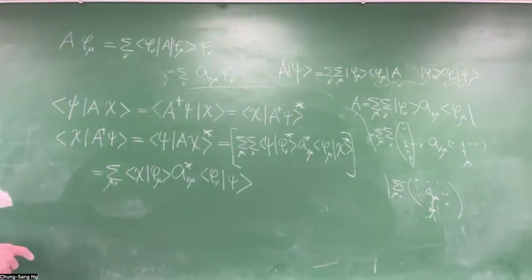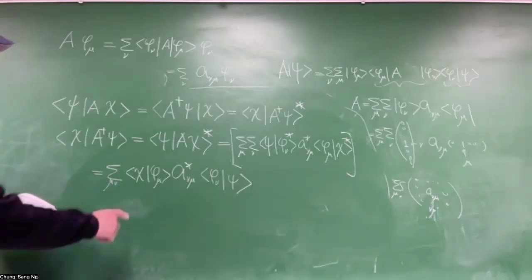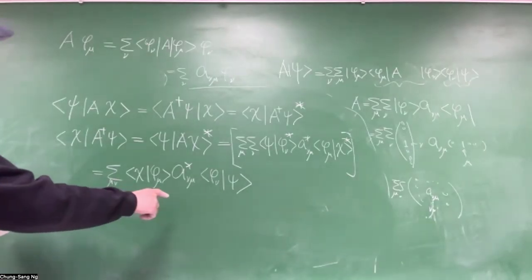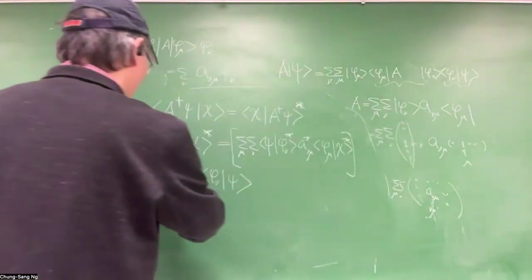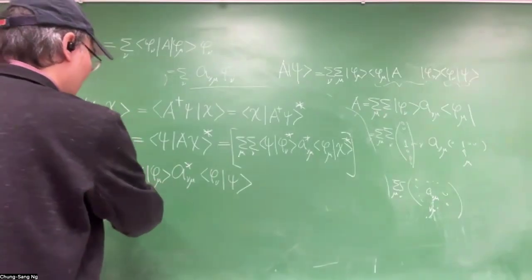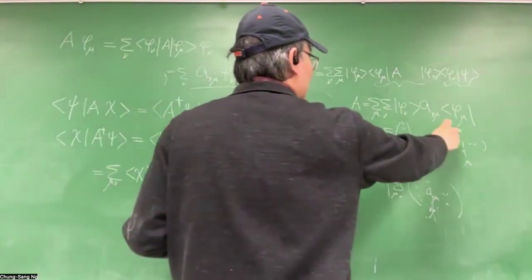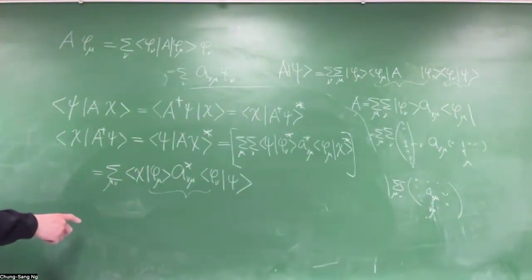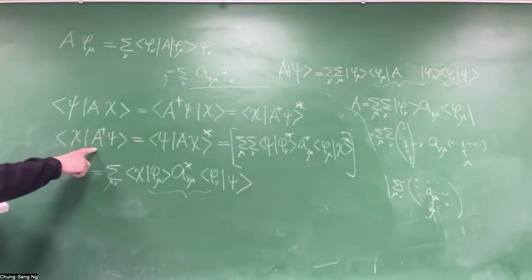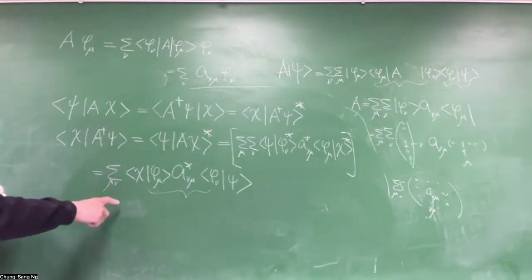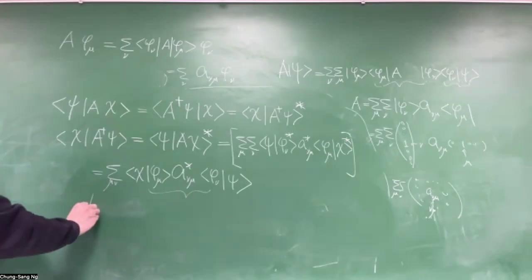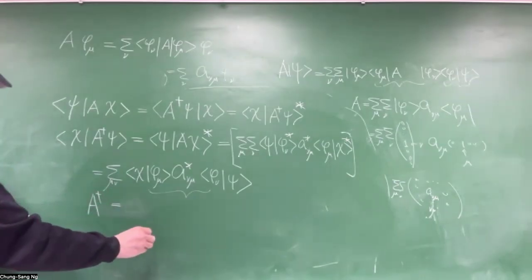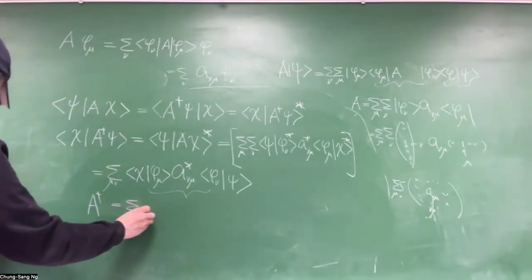Now this is in the form just like what we did in A, so A is summing over mu and nu. This part is just like this one, except that now this is for the adjoint. You can say this is the representation of the adjoint.